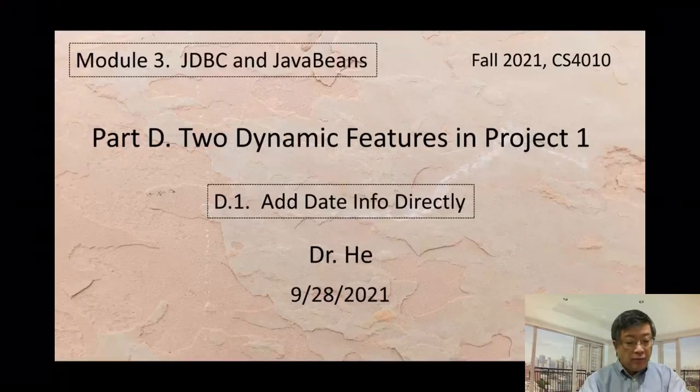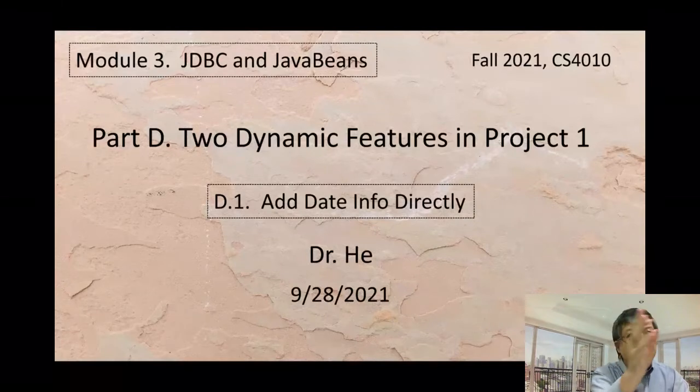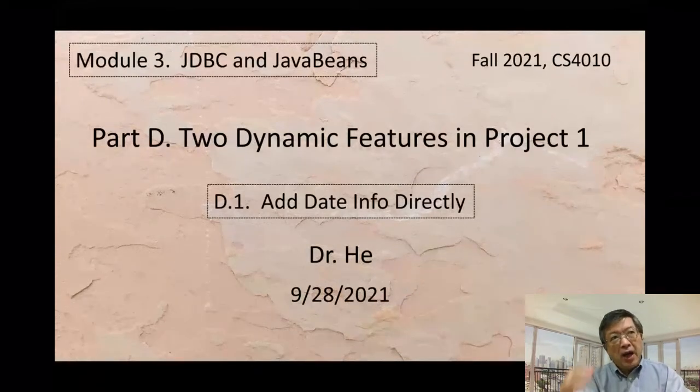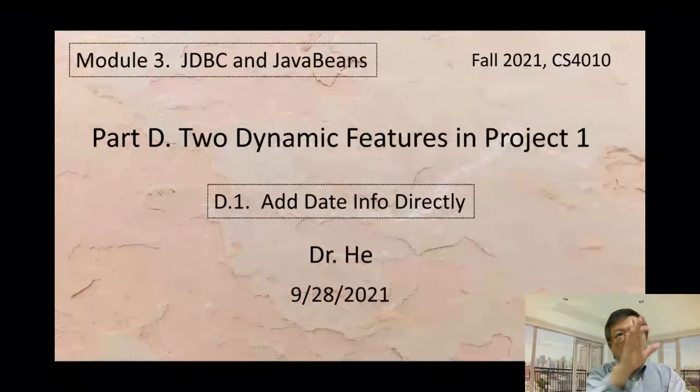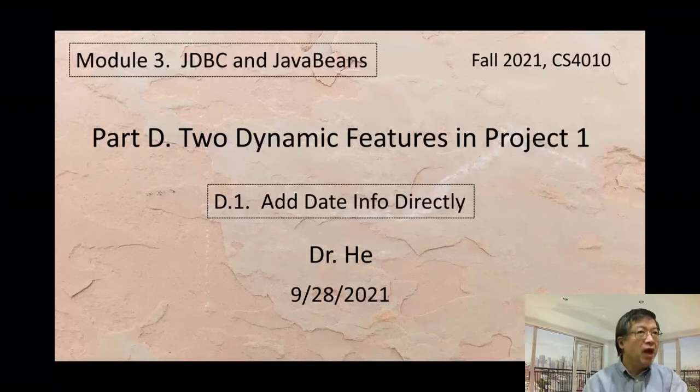Part D of Module 3, I want to use a sequence of videos to show you how to do those two dynamic features. Some of the students already asked me about how to do those features correctly. So I noticed there are several things I may need to explain.